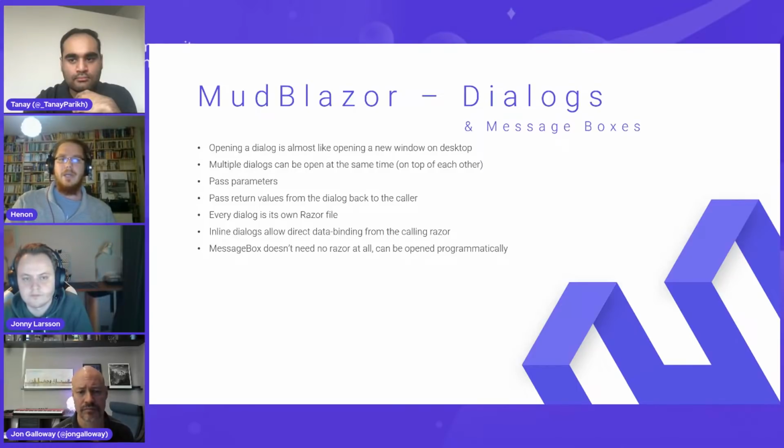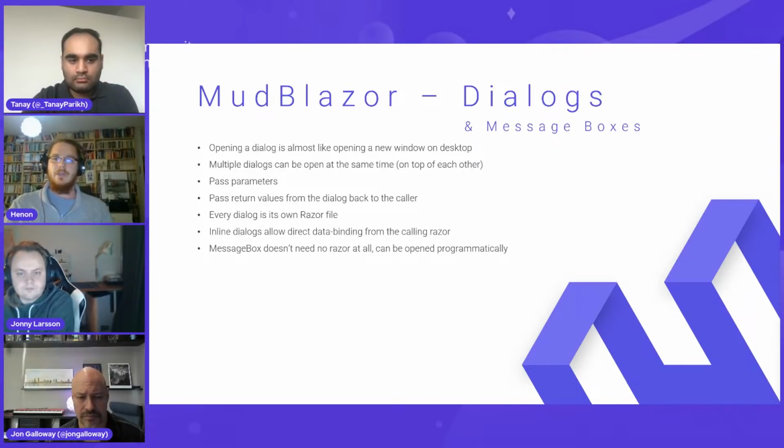So you can either have it in an own component, then you have to pass data in and pass data out, or you have an inline dialogue which you place in your component. It is not visible at first, but when you say I want it visible, then it will pop up, and the data is directly bound into the dialogue with two-way bindings.